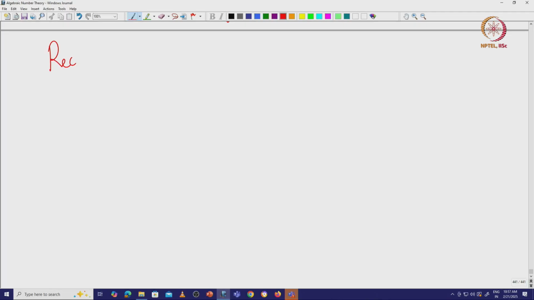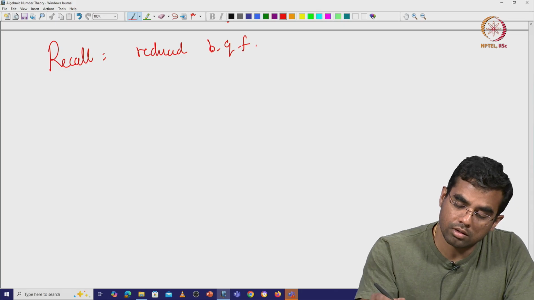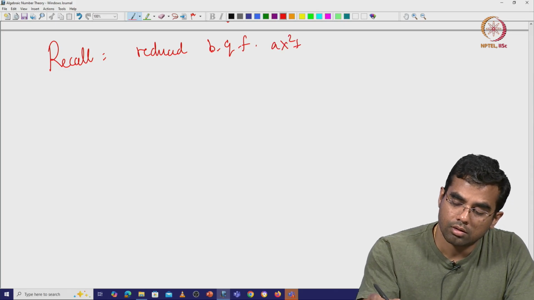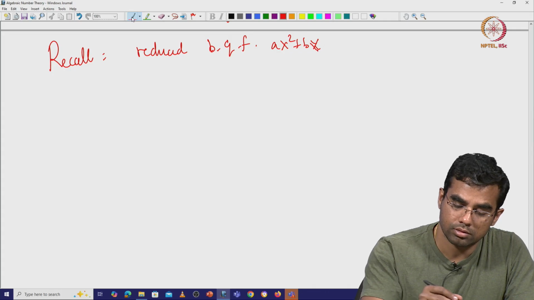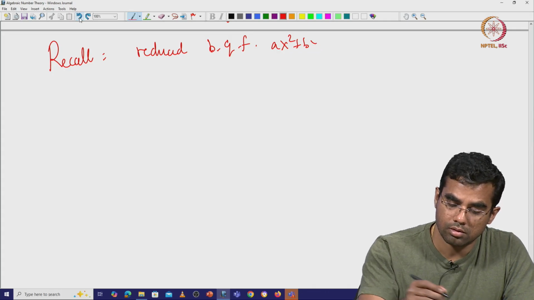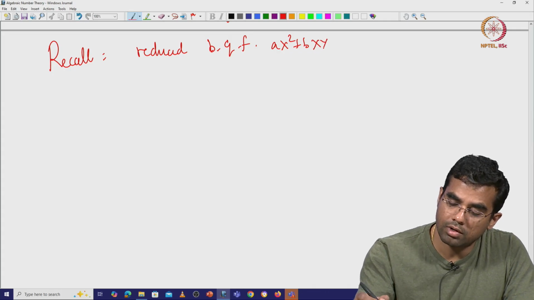Okay. So, here it is. Now, recall that a reduced binary quadratic form is ax squared plus bxy plus cy squared.